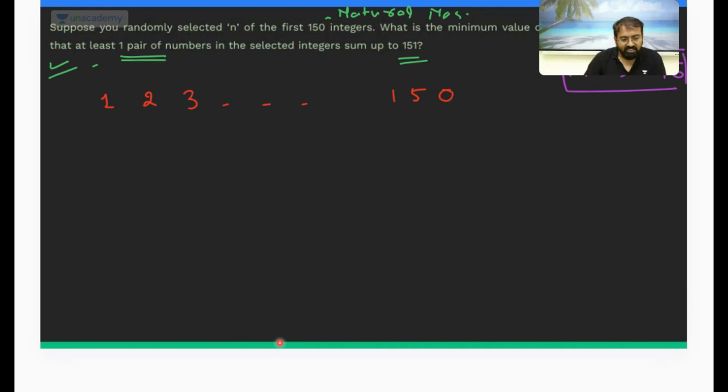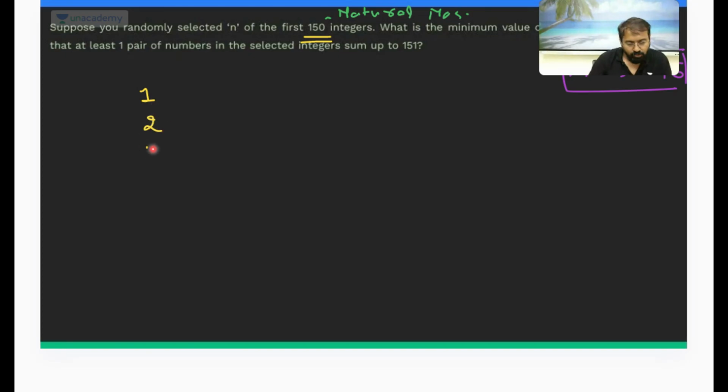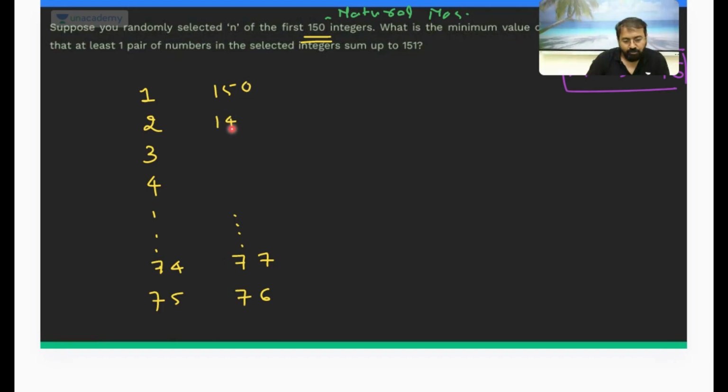Let me write down these integers in this way. We have 150 integers. So 1, 2, 3, 4 up to 75. Then 76, 77, and so on up to 150. 150 will be over here, 149 will be over here, 148 over here, 147 over here, and so on and so forth.